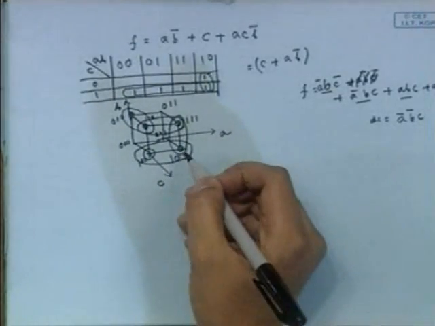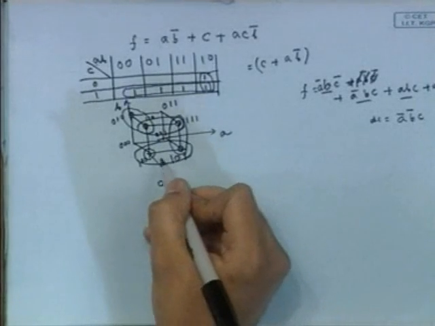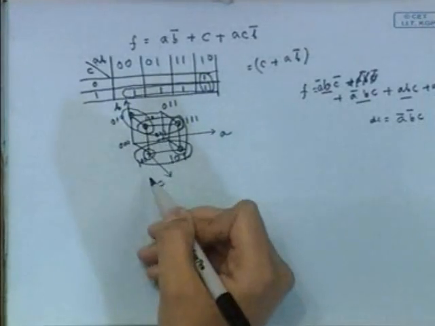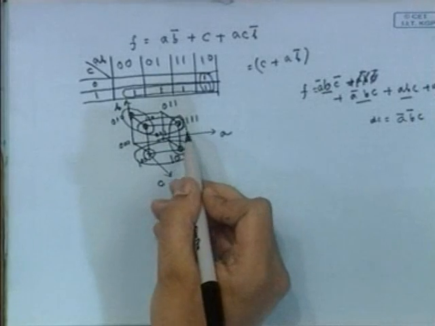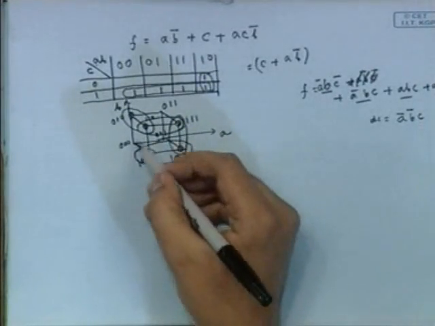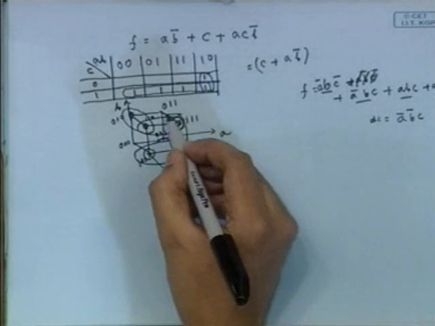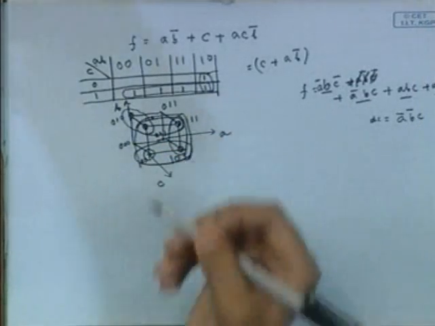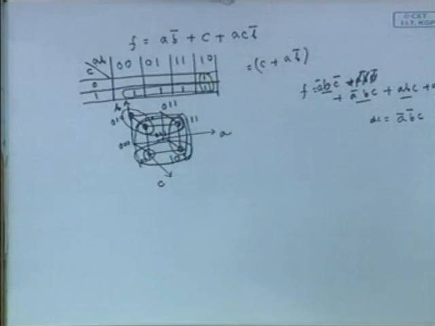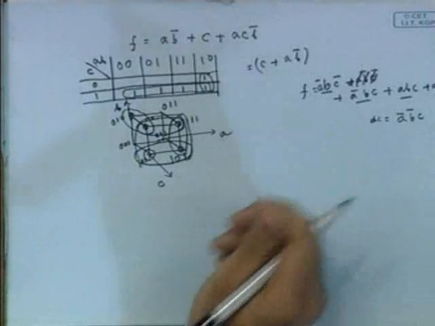We will expand that to 111. Then again we see that 110 and 100 are adjacent to this cube. This cube is adjacent to this cube, so we will encircle that whole thing again. This way we will gradually expand the hypercubes and try to see what is the maximum possible encirclement of the on terms and also the don't care terms. So this is the expand step.